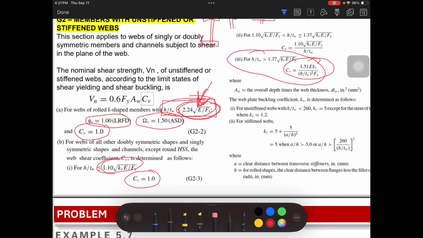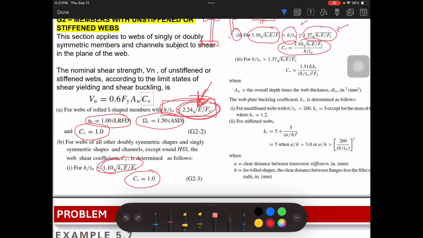Now, let's check naman yung mga variables. If meron bang mga bagong variables. Wait lang ah. So, meron ba tayong mga bagong variable? Meron tayong bagong variable which is yung H. How is H defined? H is yung rolled shapes, clear distance between the flanges, less yung fillet or yung radii.